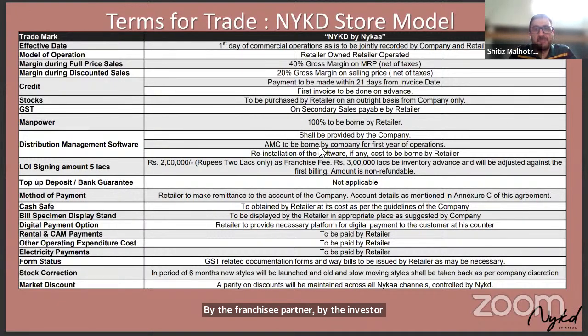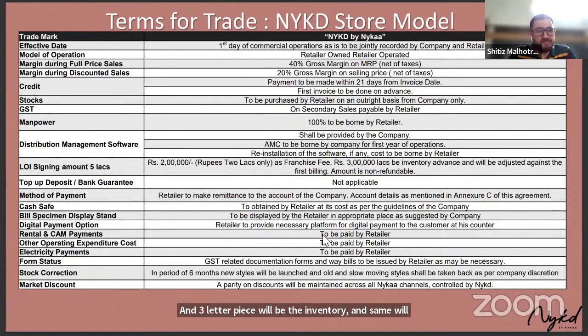Manpower management software will be done by us, and we will be installing the point of sales in your store. LOI signing amount will be 2 lakh rupees as franchisee fee, and 3 lakh rupees will be the inventory advance, and the same will be adjusted during the first time of billing.